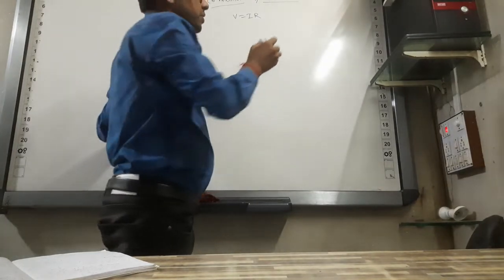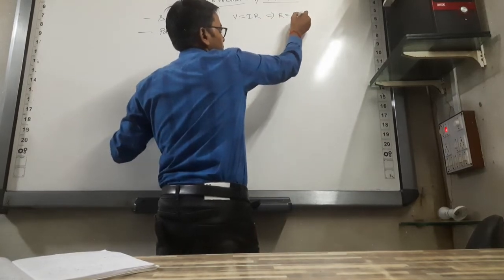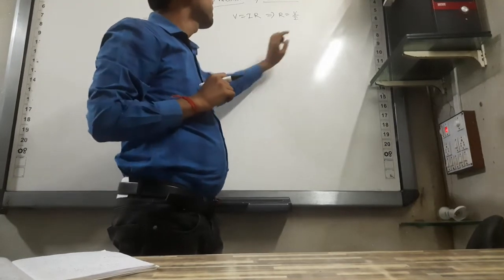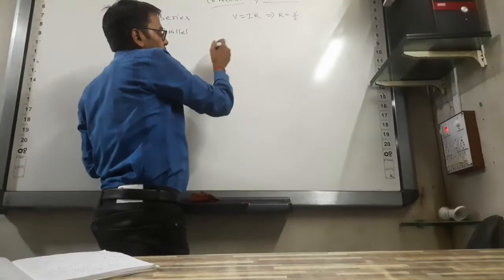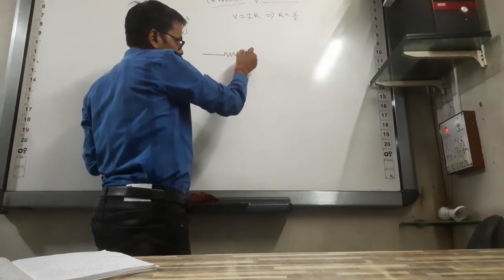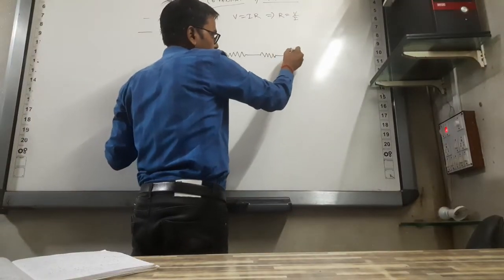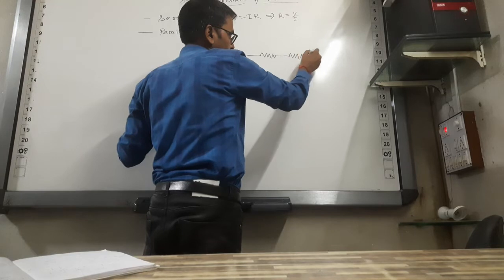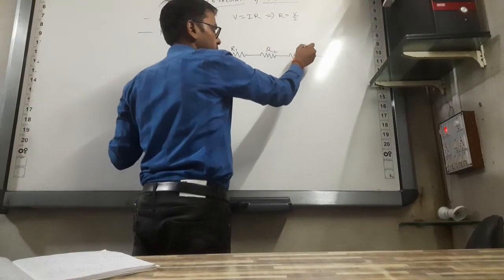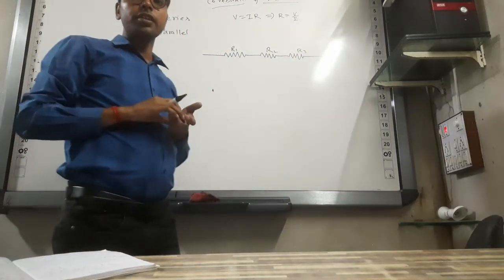After rearranging, we get resistance equals V by I. Now suppose there are resistances: the first one is R1, the second is R2, and the third is R3, and so on. These resistances are connected in series.